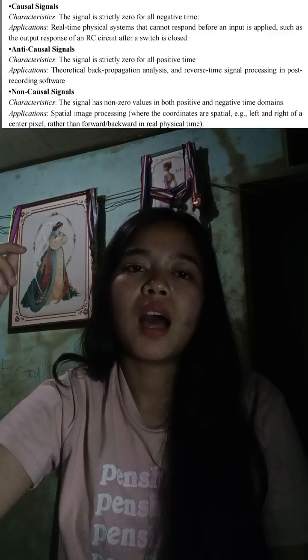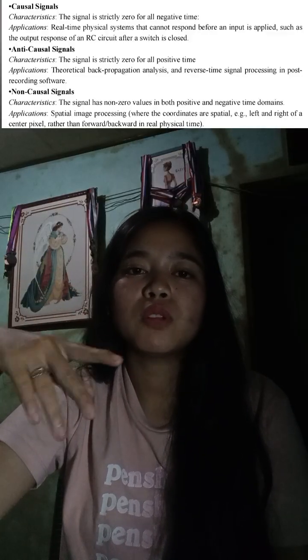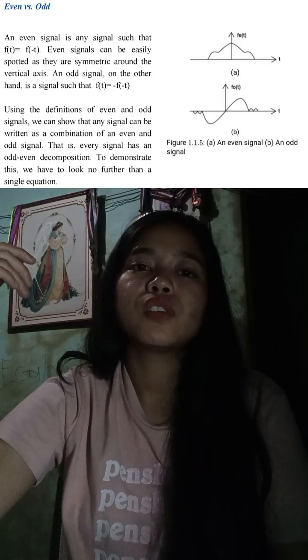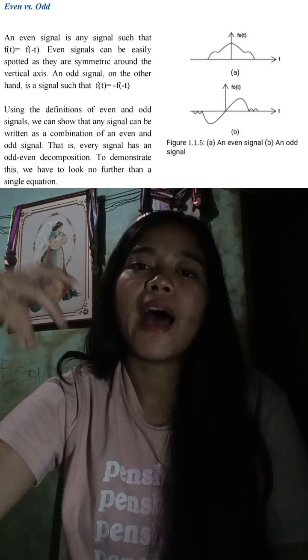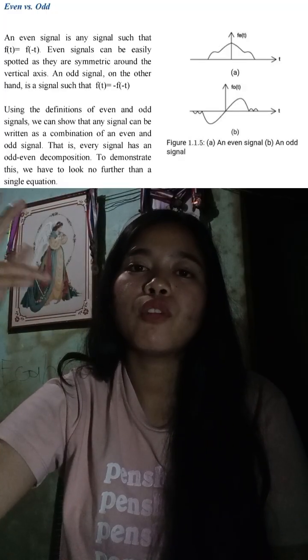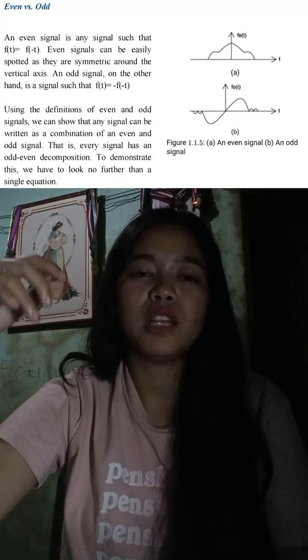Next up, we are going to talk about symmetry properties, even versus odd signals. An even signal is any signal such that f of t is equal to f of negative t.